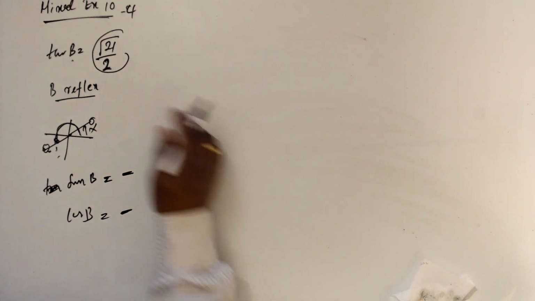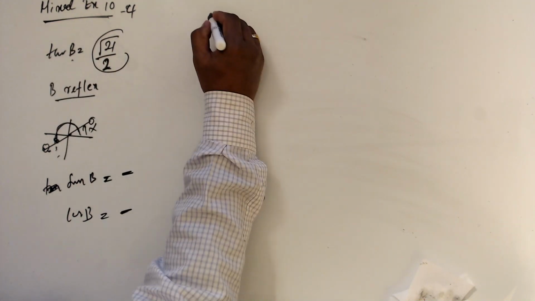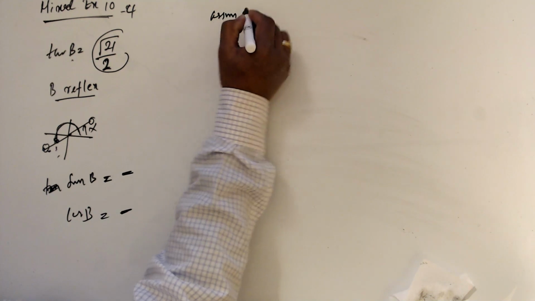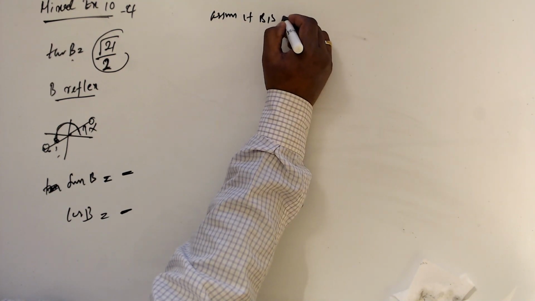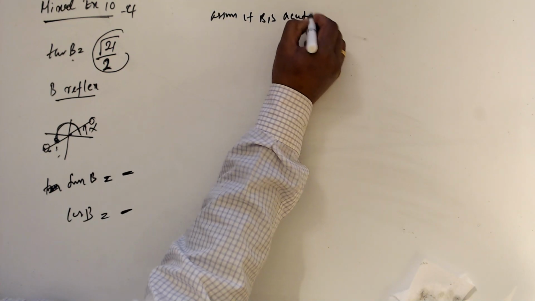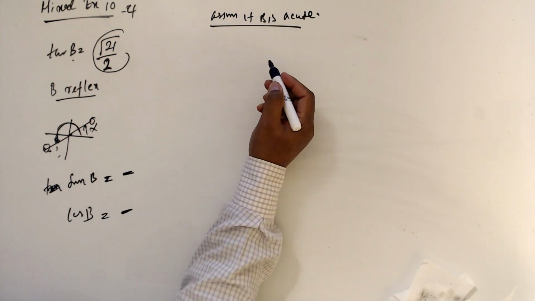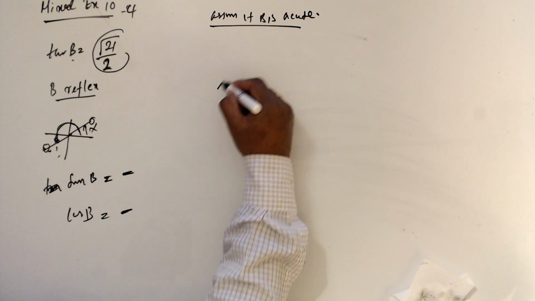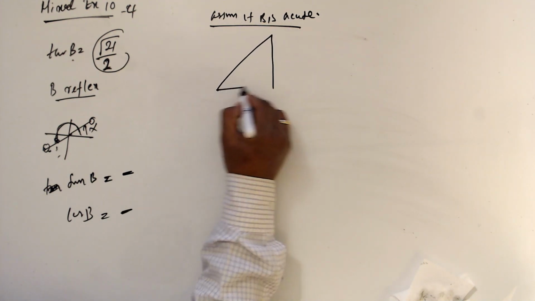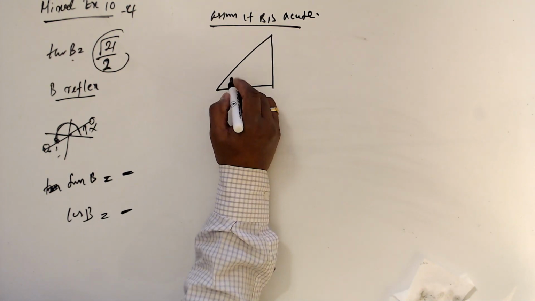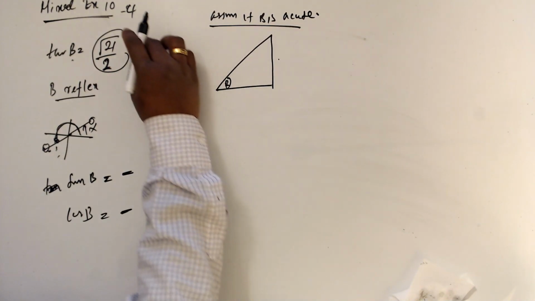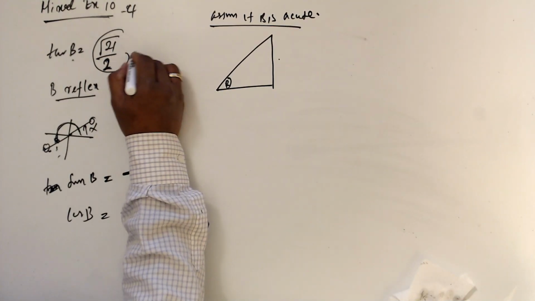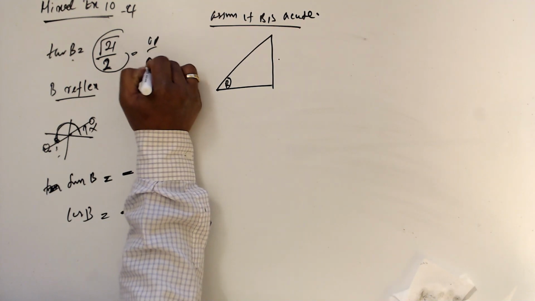Now, assume B is acute. If B is acute, we can work like this. This is angle B. Tan means opposite divided by adjacent.